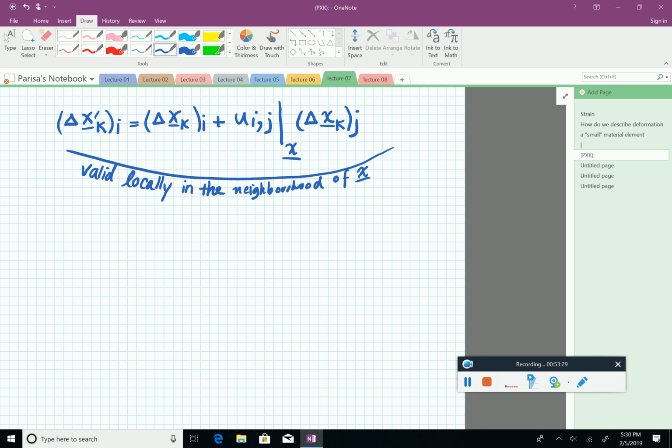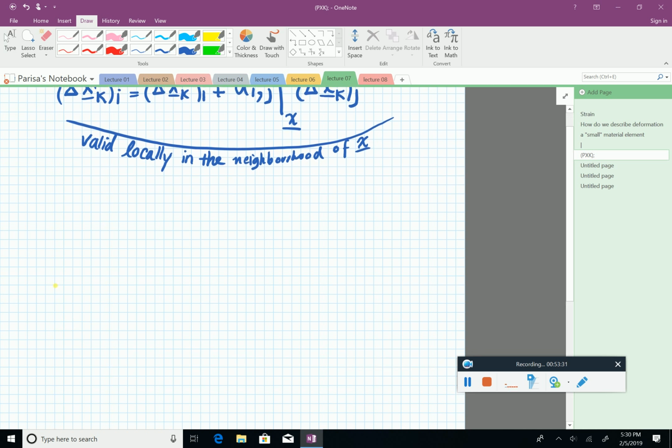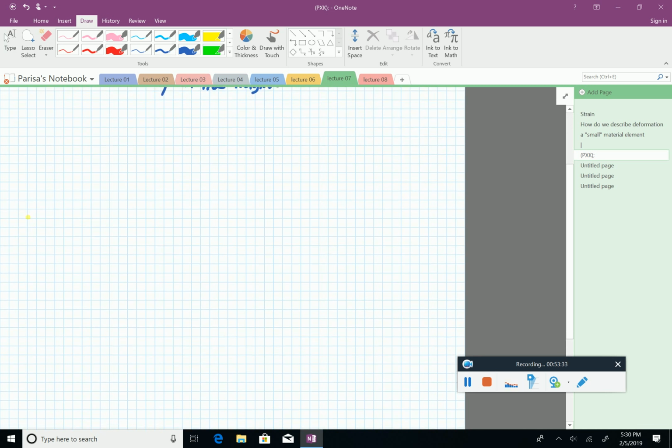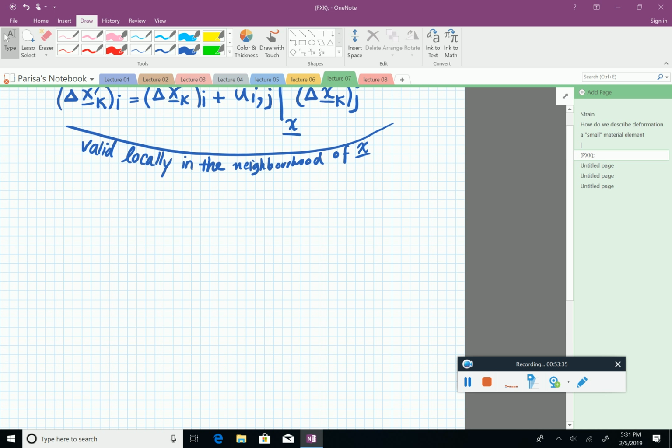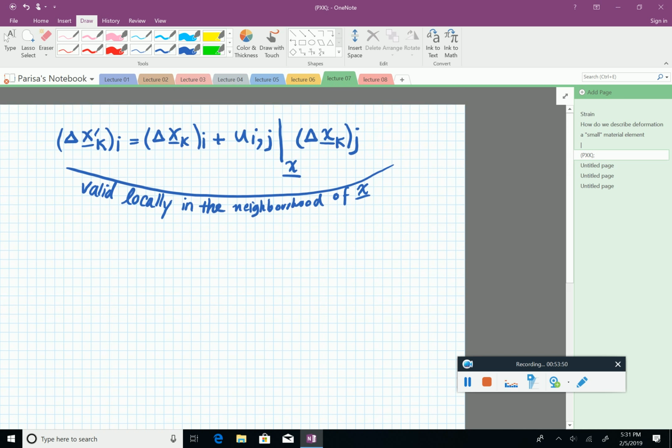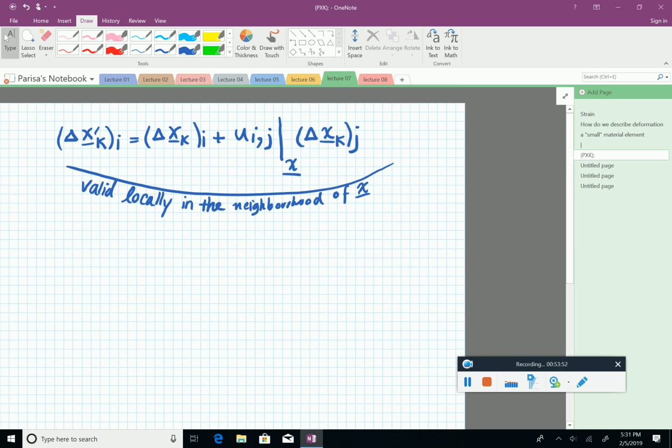Now this becomes interesting when we look at a few special cases, because we want to now find out what these E and omega tensors are, and we do that by experimentation. Yes? There are rules on how far away from X?